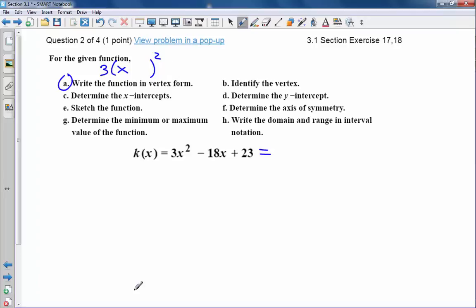All you need to do is find out 2 numbers, blank numbers. No answer yet? Anyone? 3 parentheses x minus 6 that squared minus 4.